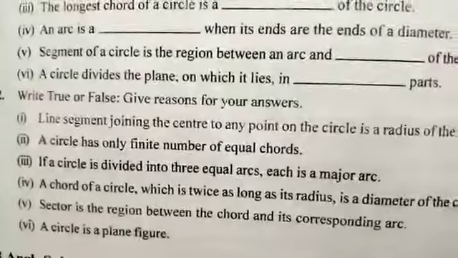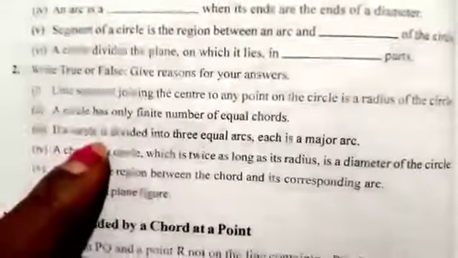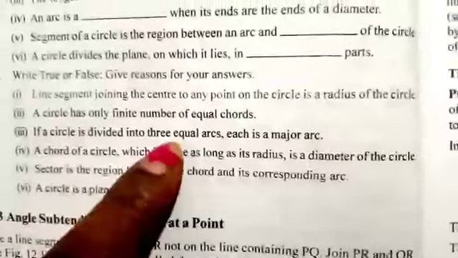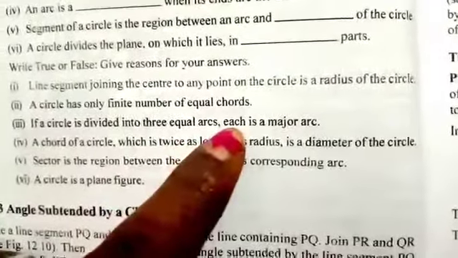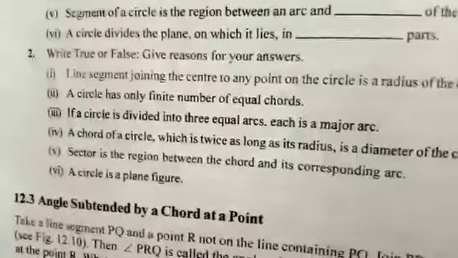Third question is, if a circle is divided into 3 equal arcs, each is a major arc. No, it is false.